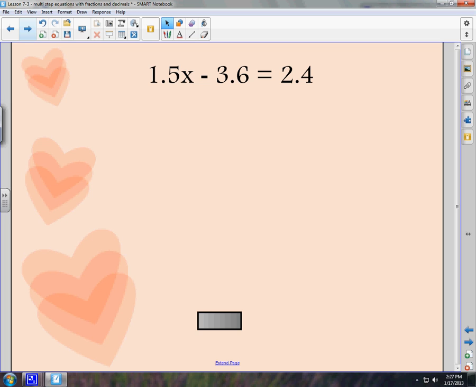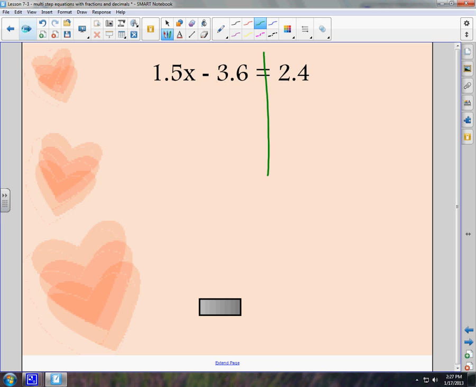And lastly, you also can do this with decimals. Decimals are a little bit easier to work with. So what I'm going to do is add 3.6 to both sides. So then I have 1.5x equals 6. Now, here's the trickiest part.